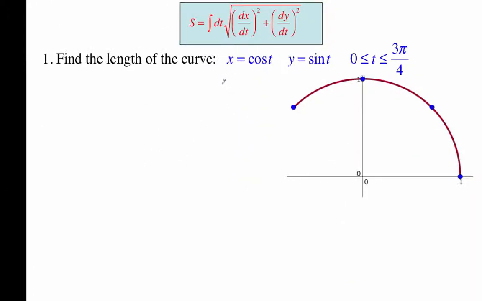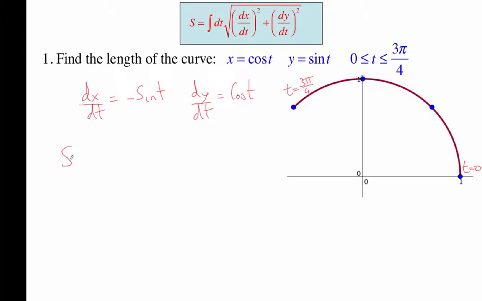As our first example, we're going to treat a rather easy problem, which is that of a part of a circle. If we start from t equals 0 and end at t equal to 3 pi by 4, we can actually guess what the answer would be, but let's use the formula that we've derived up over here. So if x is cosine t, dx by dt is minus sine t, and dy by dt is obviously cosine t.